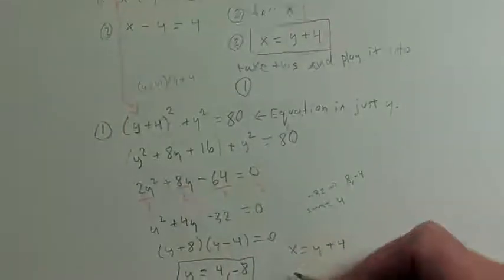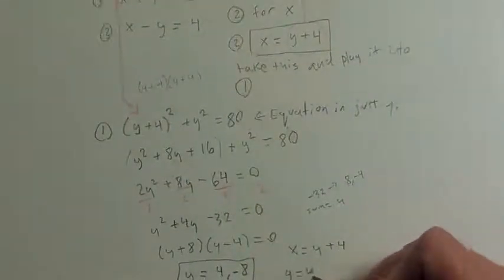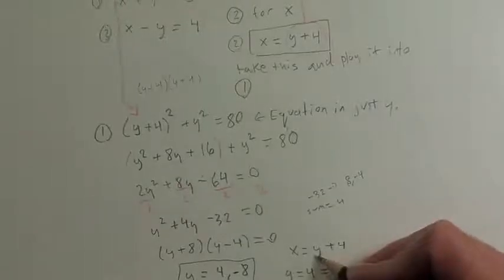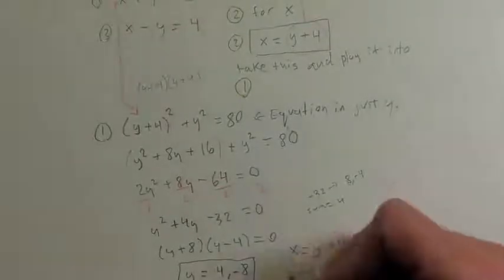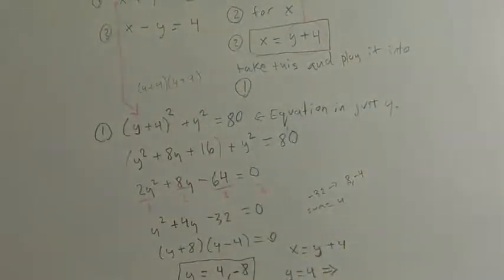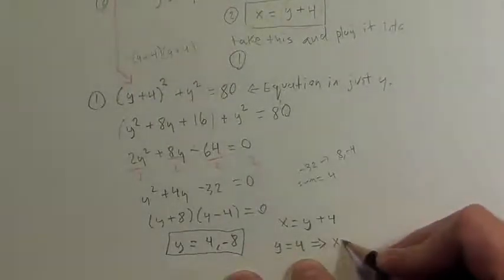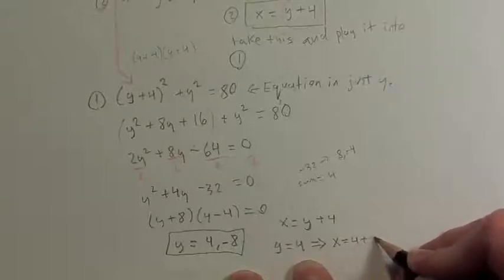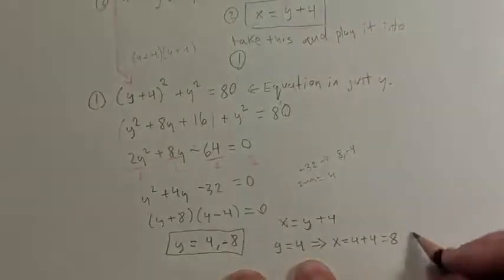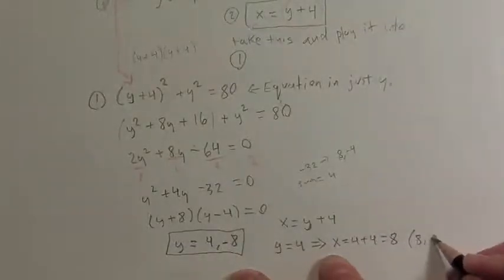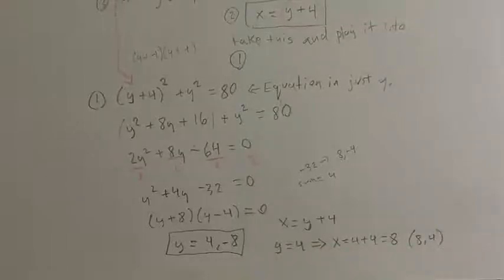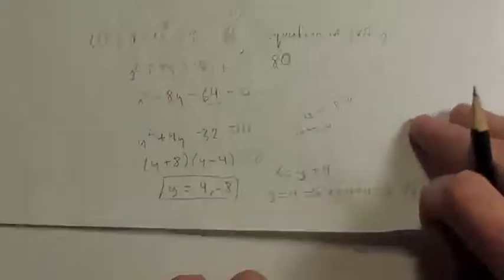When y is equal to 4, and I should really be careful with my y's and 4's, I'm just now realizing that they kind of look the same, x is 4 plus 4, which is 8. So we need to be really careful about this. So we have the point 8, 4. We need to make sure that they join together correctly.